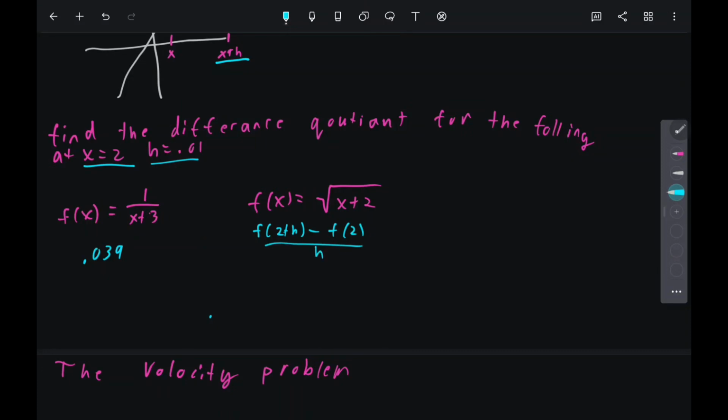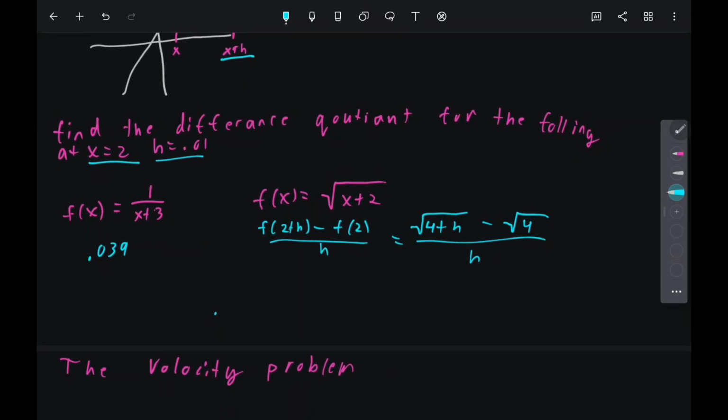Well, we will put in 2 plus h for x. So we have the square root of 4, because 2 plus 2 is 4, plus h, minus the square root of 4, all over h.